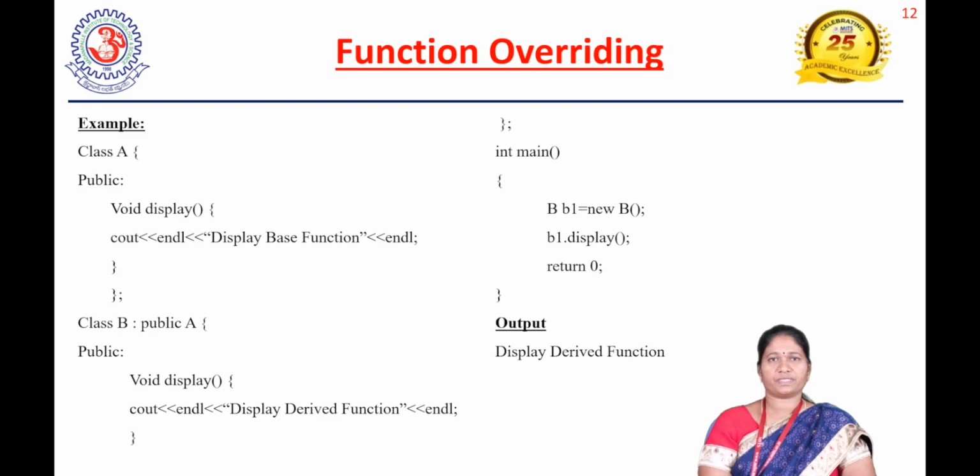There will be one base class, and with the help of the parent class, you derive a new class, the child class, extending it with new attributes along with your existing ones. That is the main thing about the inheritance concept. So we need to incorporate that inheritance concept in function overriding.